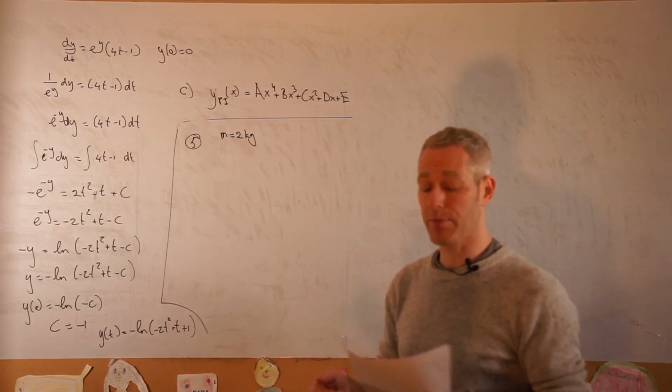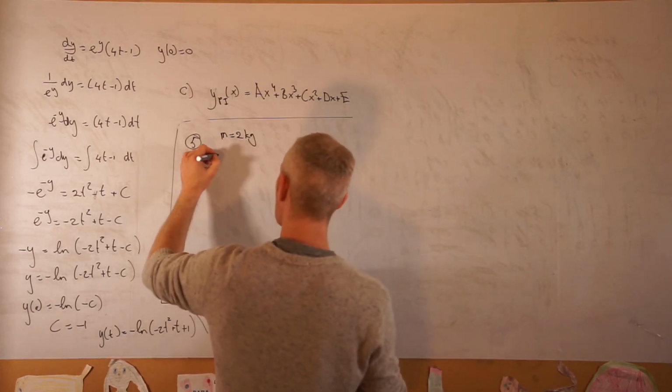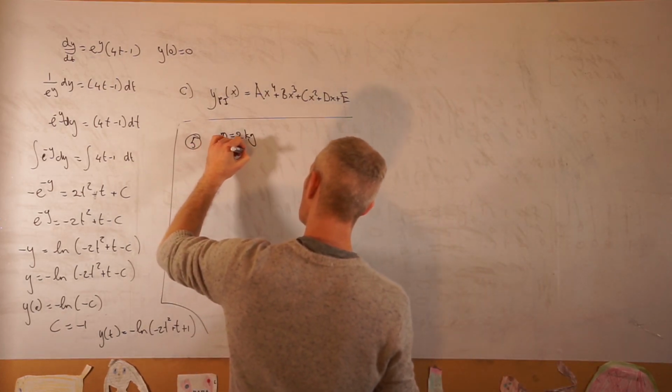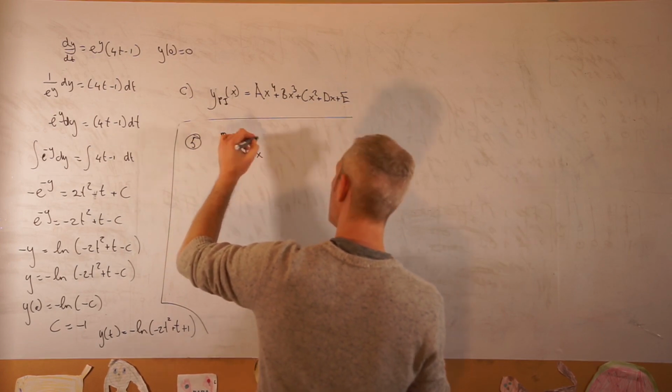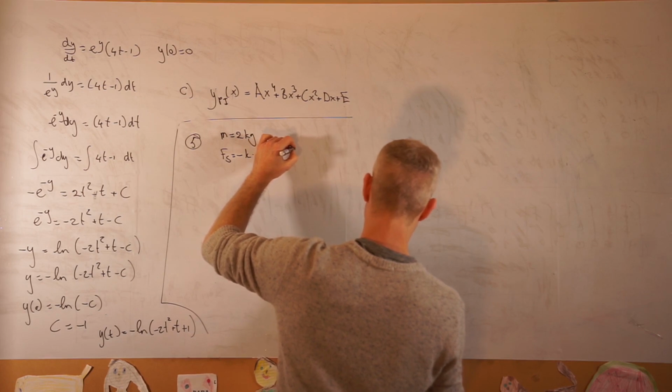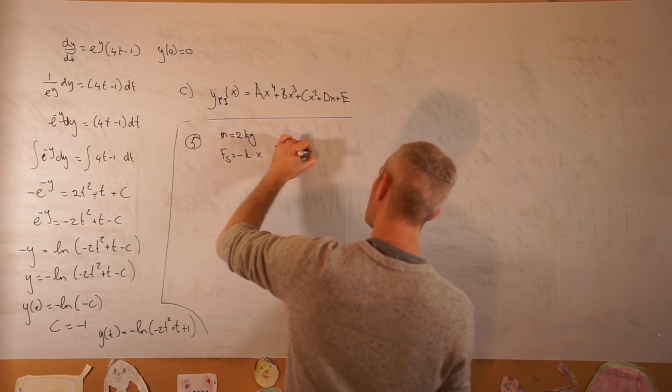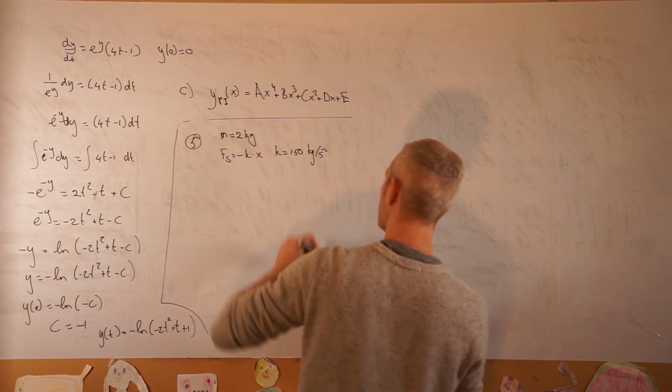We have a spring force, Fs, which is equal to minus k times x, where k is 150 kilograms per second squared.